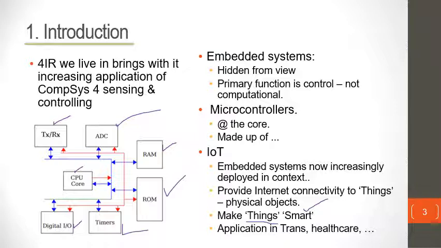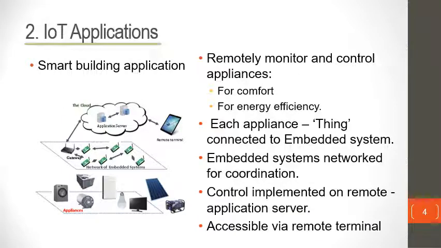Applications of IoT range from transportation, healthcare, energy management, and the likes. There are many applications in this case. For example, we can consider a smart building application as an application of IoT, which will have embedded systems. A smart building application would have an aim of remotely monitoring and controlling appliances for user comfort as well as for the purpose of energy efficiency.